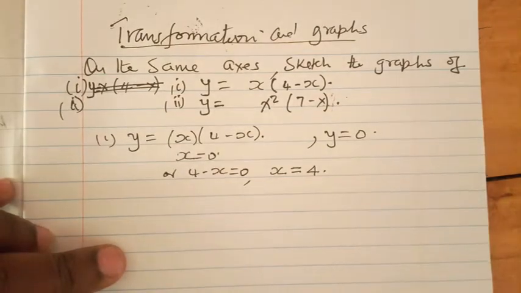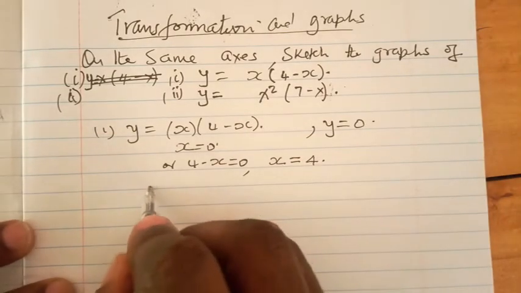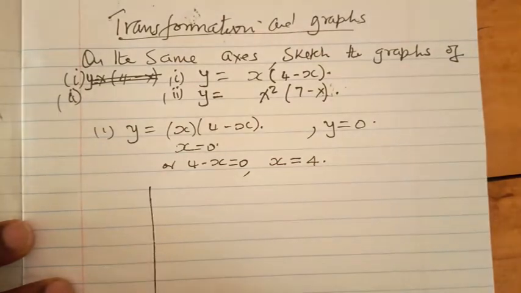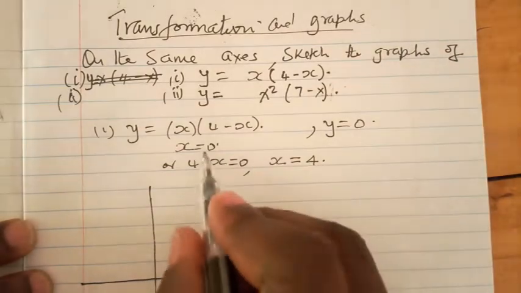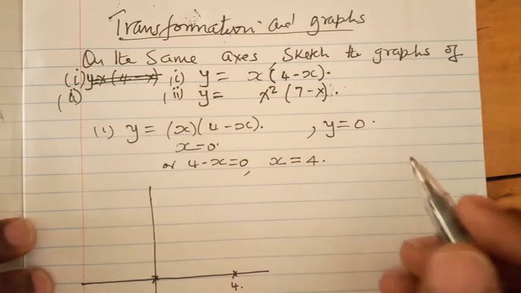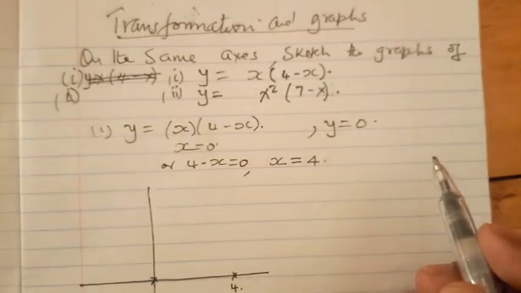So as we plot this, we have the y-axis, we have the x-axis, and the critical values are x = 0, that is an x-axis intercept, and x = 4. But now you have to know the nature of the graph.